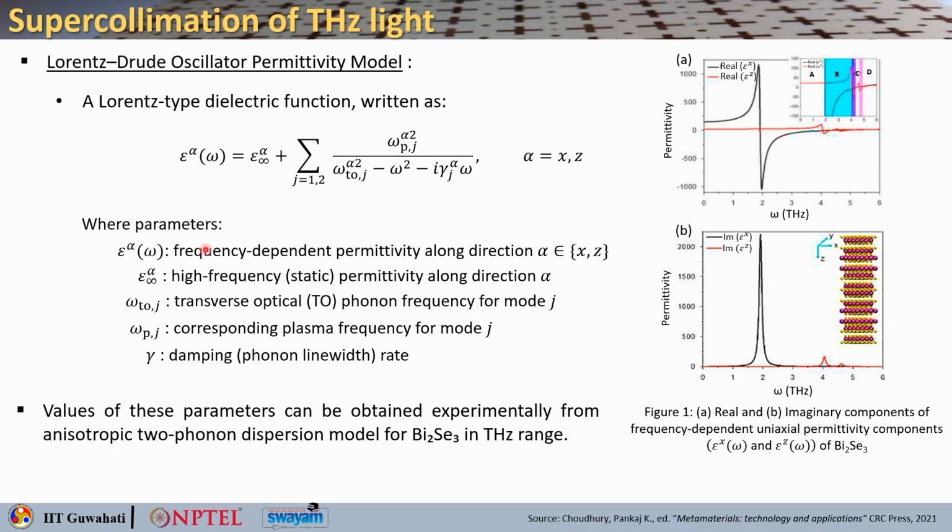Now, the values of these parameters that you see can be obtained experimentally from the anisotropic 2-phonon dispersion model for bismuth selenide in terahertz region. Now, when you talk about a 2-phonon dispersion model for bismuth selenide in terahertz region, it basically focuses on the understanding of how pairs of phonons interact and contribute to the material properties in the terahertz frequency range.